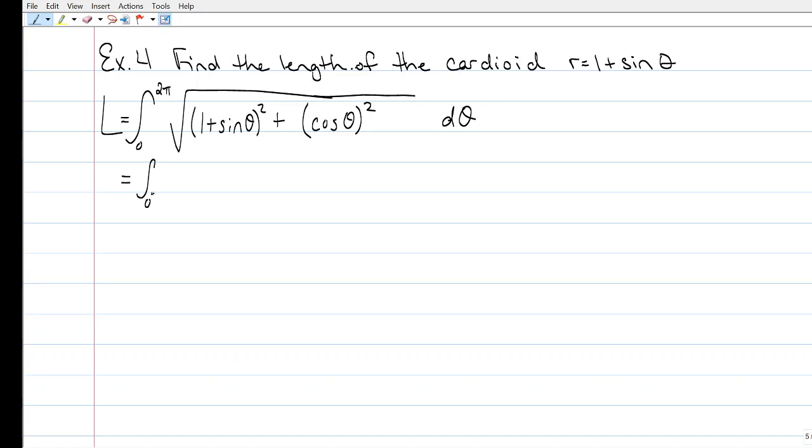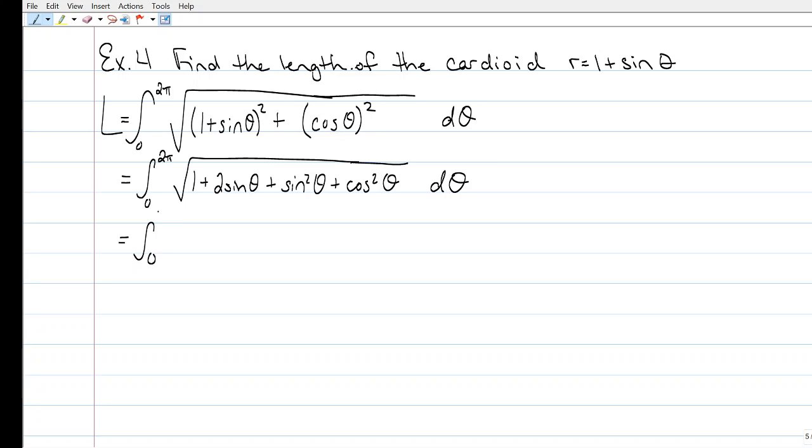So now we get the integral from 0 to 2 pi of the square root of 1 plus 2 sine theta plus sine squared theta plus cosine squared theta, d theta. By the Pythagorean identity, this simplifies to the square root of 2 plus 2 sine theta, d theta.